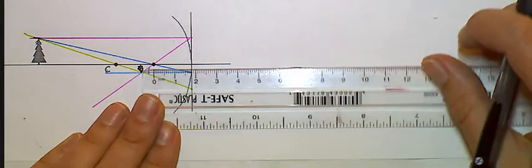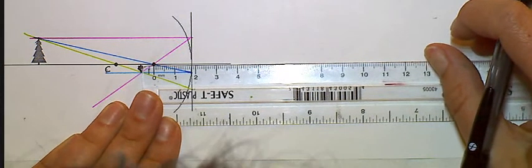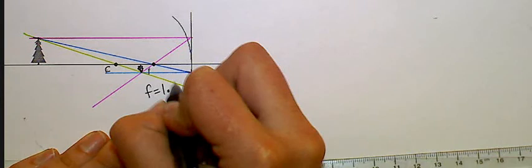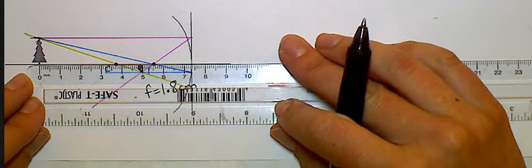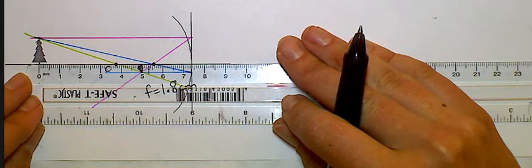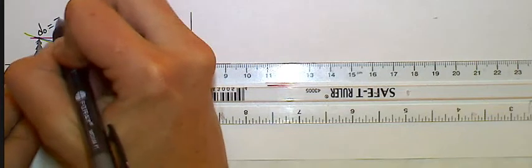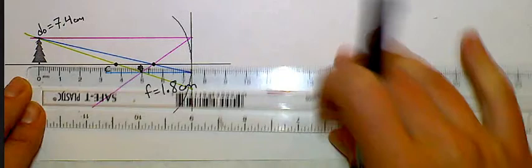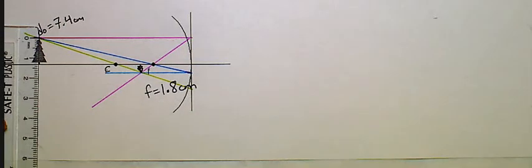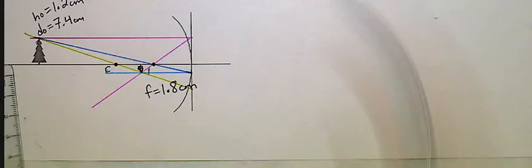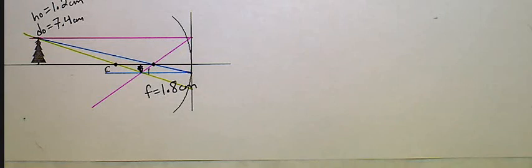I measure the focal length of this mirror. I got a focal length of 1.8. I'm going to say the distance to the object, 7.4. And the height of the object, 1.2. Okay, let's measure what I got for my diagram for the height and the distance to the image.